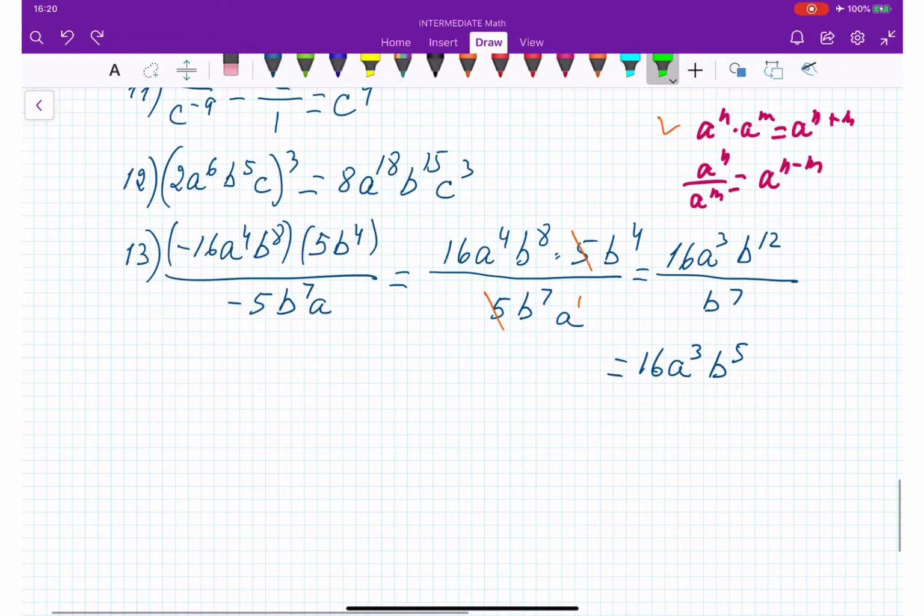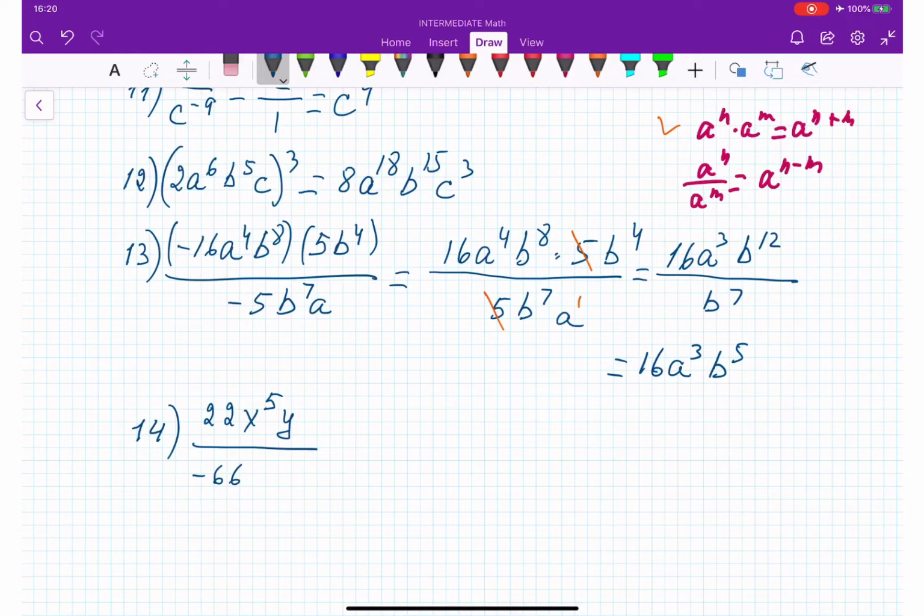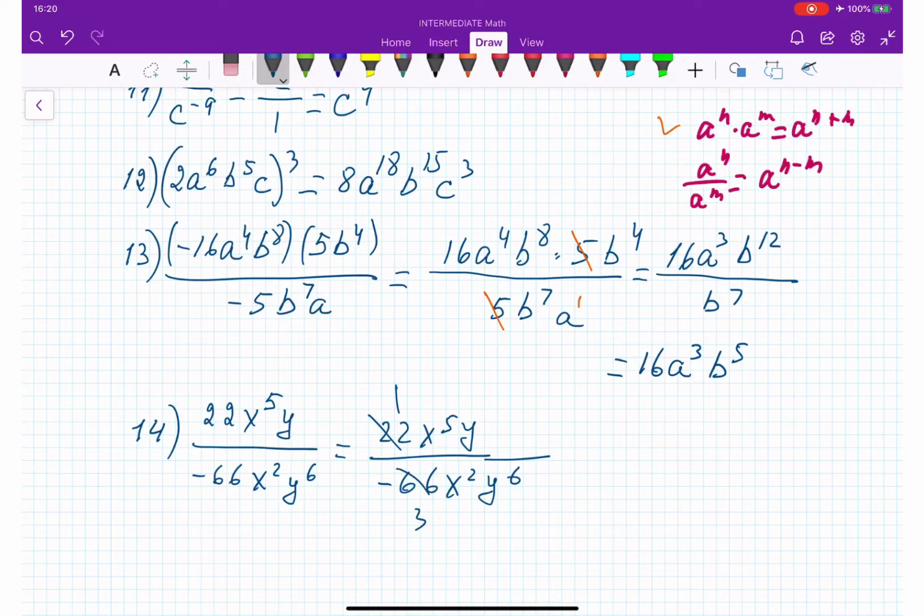Number 14. So 22x to power 5 y divided by negative 66x to power 2 and y to power 6. So what are we going to get? 22 and 66, this is going to be 1, this is going to be 3. Okay, x to 5 divided by x to 2.